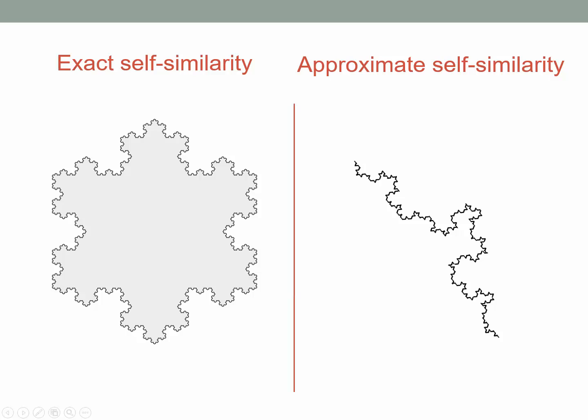So we don't expect that we're going to see an exact copy of this fractal if we look more closely. What we do see is we kind of see a fractal looking the same way in rather a more vague sense, having the same sort of properties, the same kind of jaggedness. So again, on the left we have exact self-similarity, on the right approximate self-similarity.